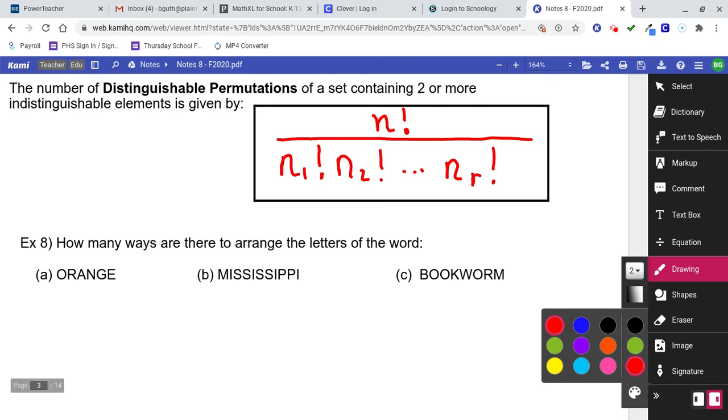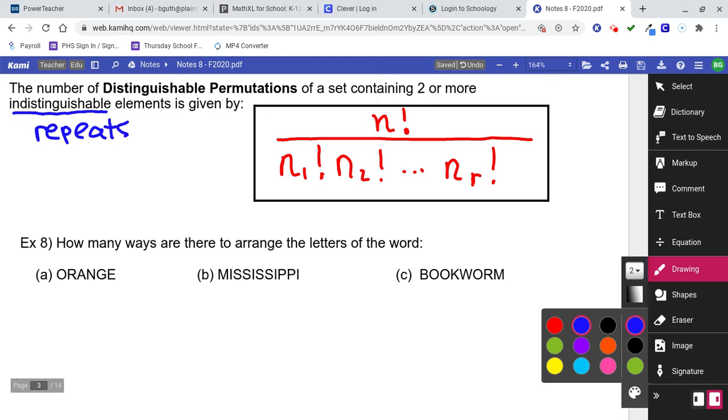Now, that formula looks really complicated, but it's really not that bad. Essentially, what you're doing is dividing by the number of repeats. Indistinguishable elements are items that look exactly the same.